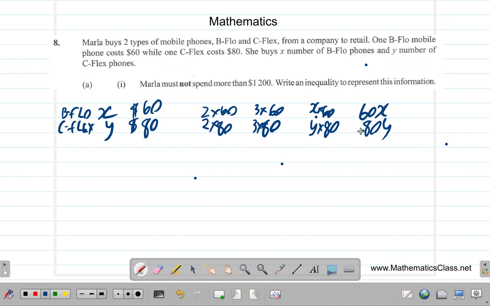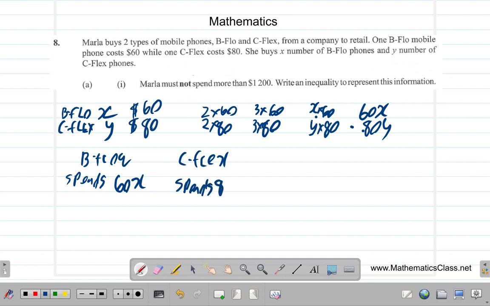You see that? So how much does she spend on B Flow phones? She spends 60x, and for the C Flex phones, she spends 80y.